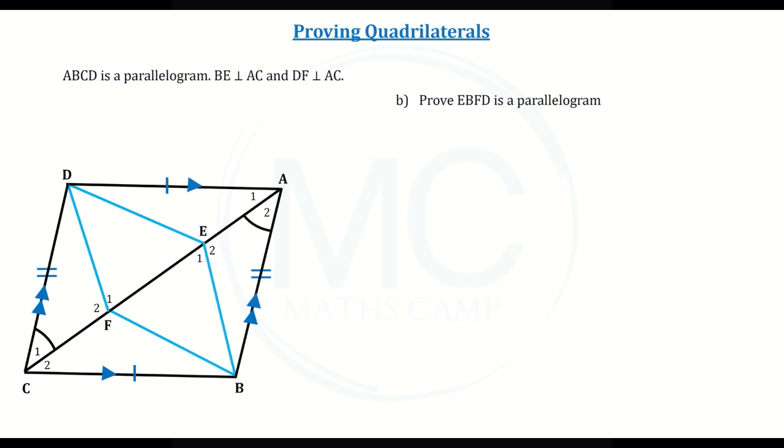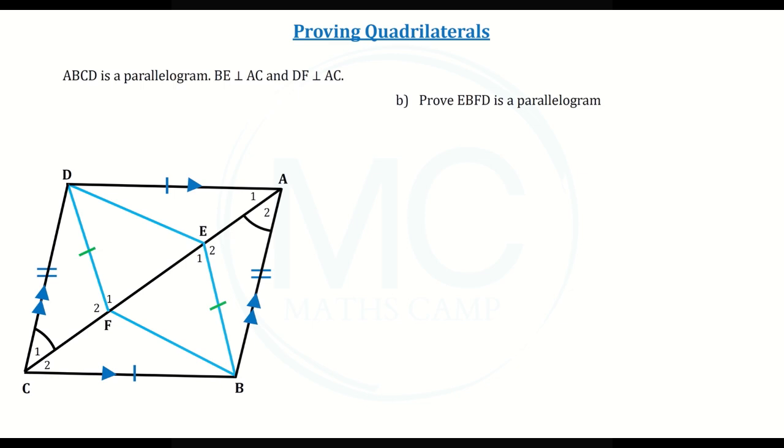So let's put a small green line on EB. We want to prove that EB is the same length as FD. FD lies in EBFD, but is also a corresponding side in triangle FDC, which means that FD is equal to EB. So let's put a small green line on FD as well.